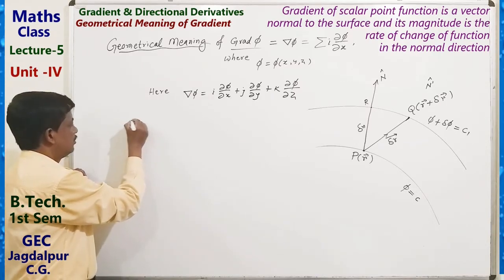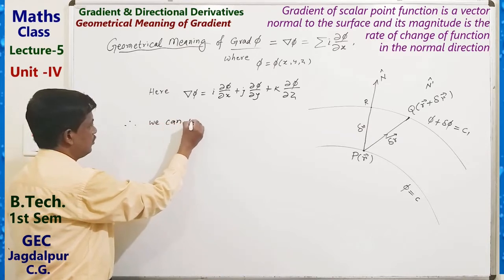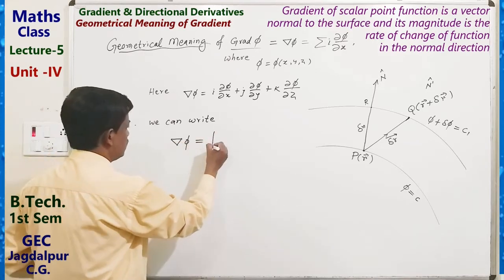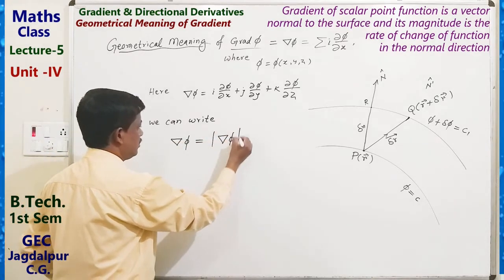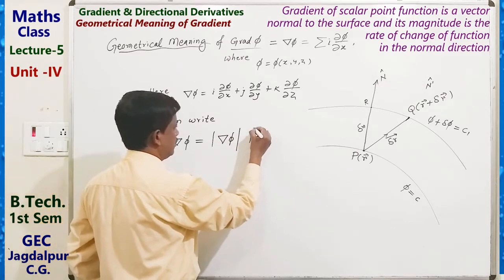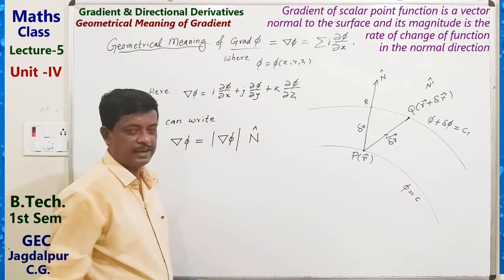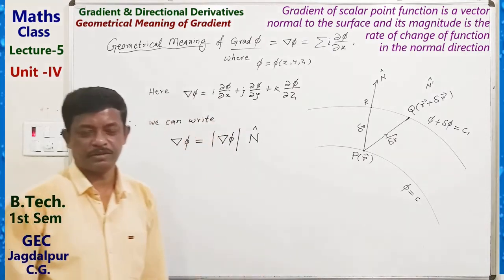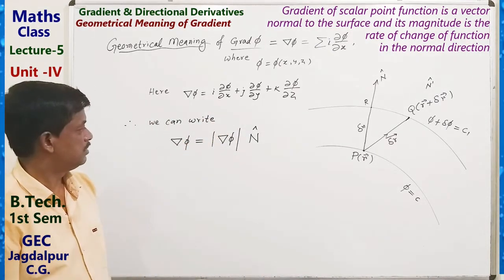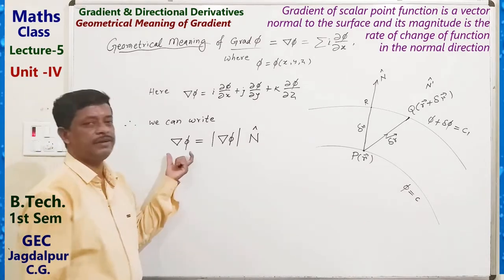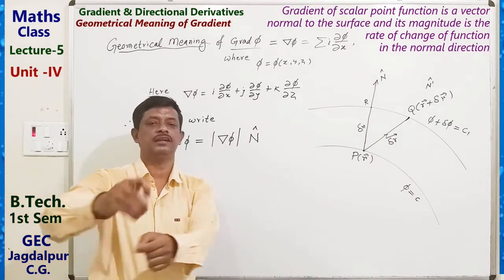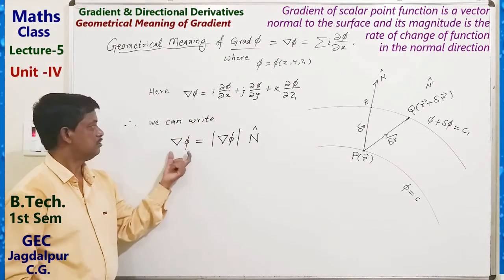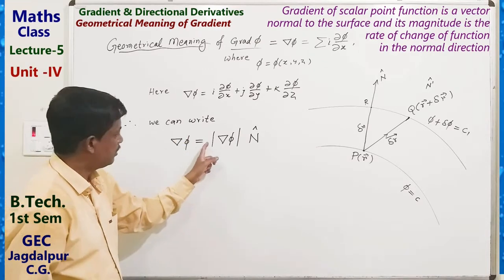Therefore we can write del phi equals mod of del phi times n cap, where n cap is perpendicular to the surface phi equals C at P. Any vector equals the modulus of that vector times the unit vector in its direction. So del phi equals this. Now we want to find the value of this.